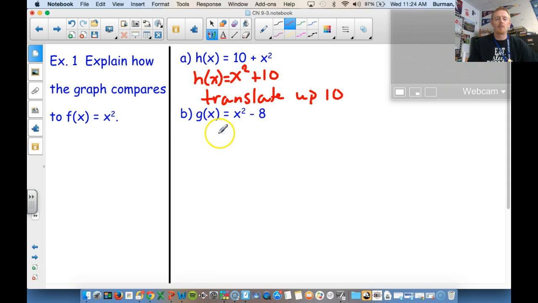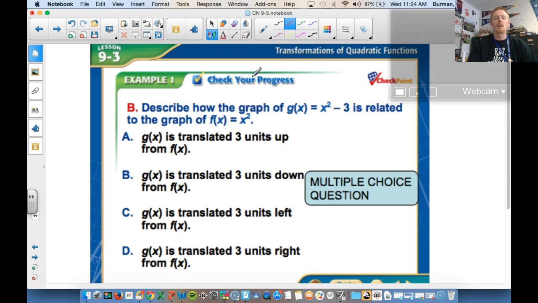And on the next one down, we're going to have a translation of down 8 spots because of this negative 8. So we're looking at the numbers carefully, and that's just in comparison to the parent graph. So it's just moving down 8 spots. Now here's your multiple choice question that you'll be filling out on the Google form.